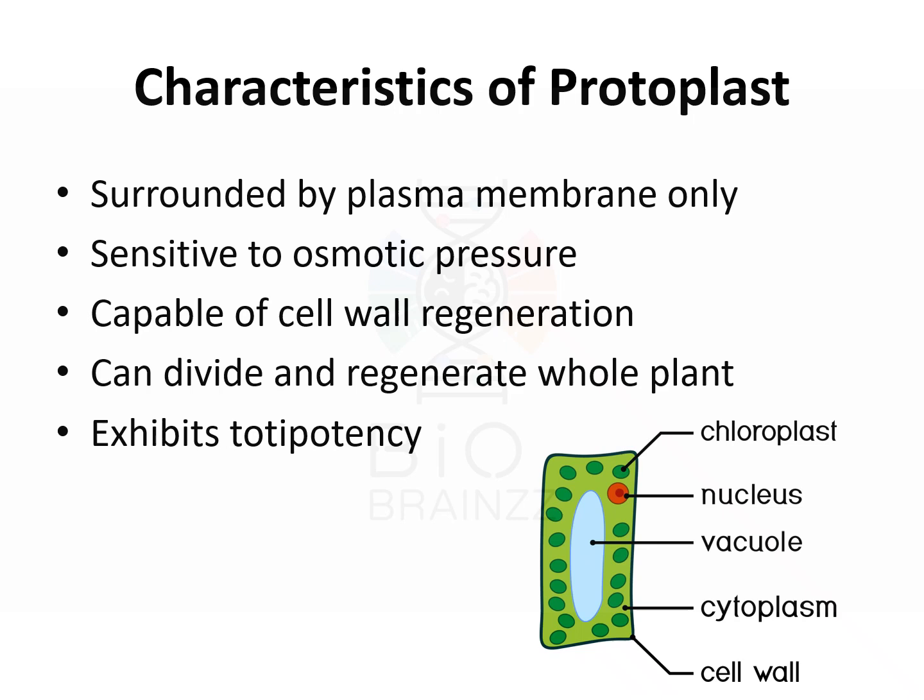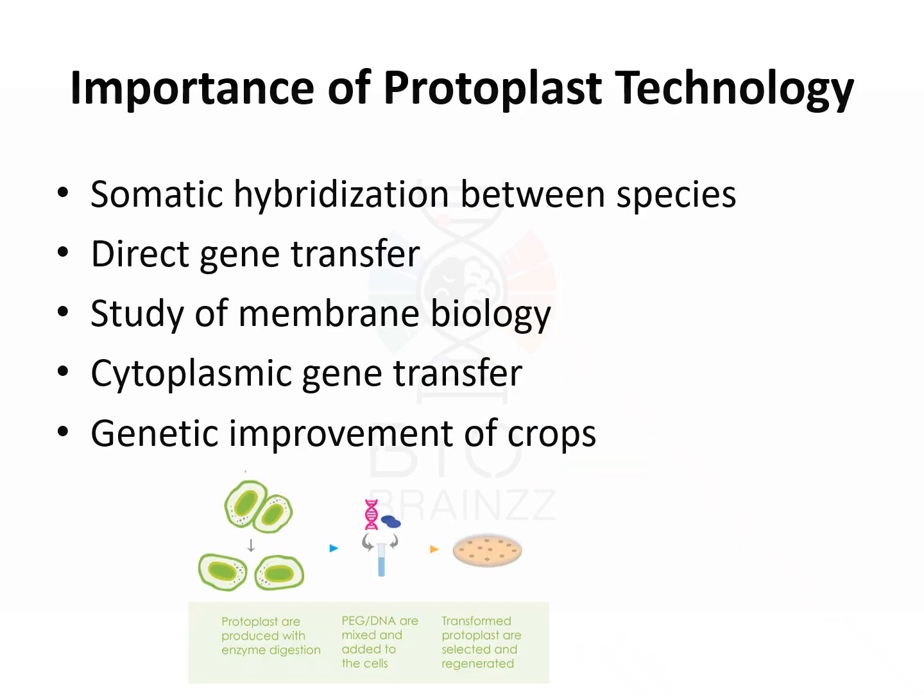This ability reflects the principle of totipotency, meaning every plant cell has the complete genetic potential to develop into a whole organism. Protoplast technology plays a central role in modern plant biotechnology because it allows direct access to the living plant cell without the barrier of the cell wall.